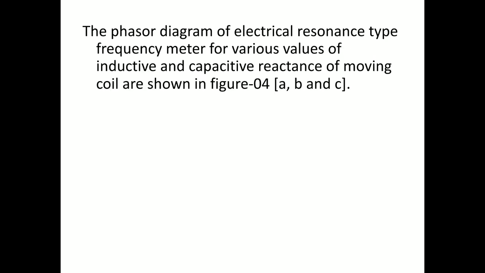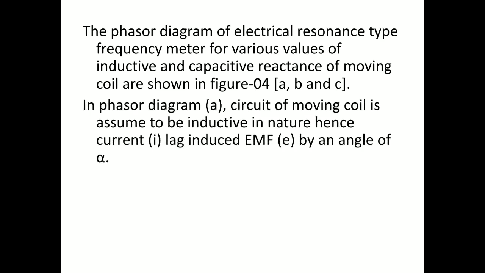The variation of the current small i flowing through the moving coil and the EMF induced across the moving coil, indicated by symbol small e, for different power factor angles, maybe lagging, leading, or unity power factor, are shown in figure 4, parts A, B and C.